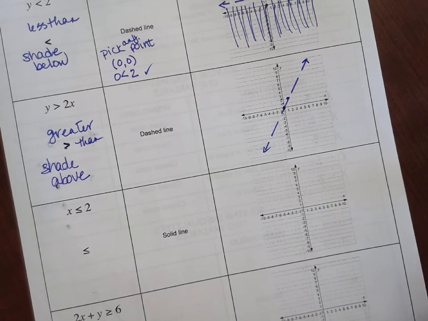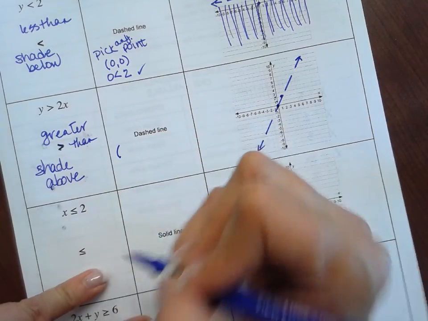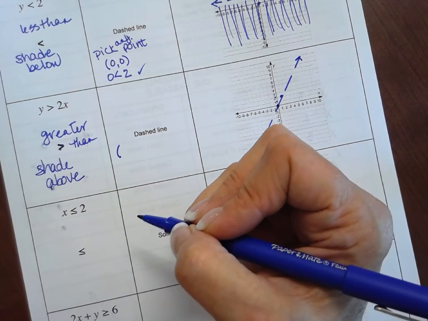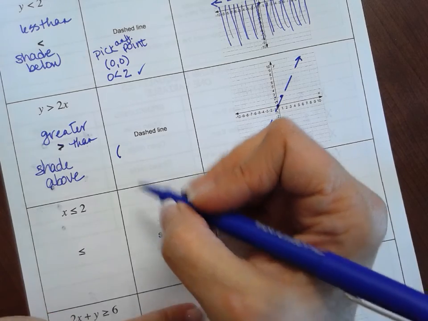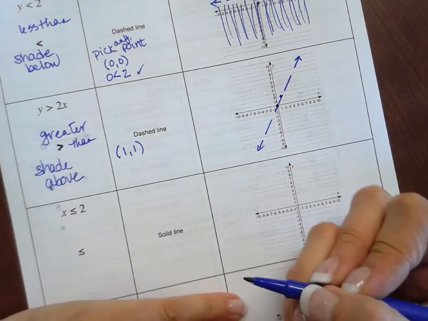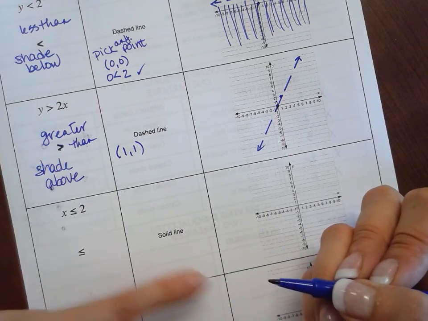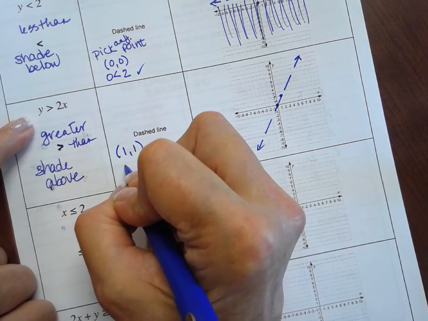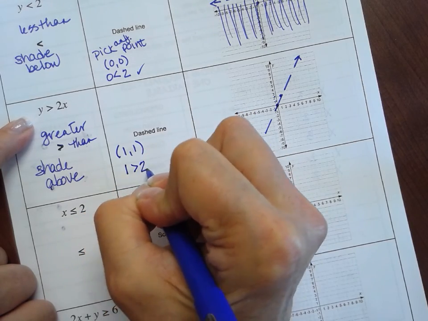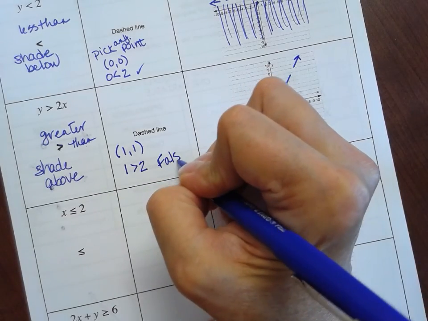Okay? But I can't remember that, so I'm going to pick a point. Give me an easy point. How about 1, 1? Is that easy enough? Okay. Let's put it into the equation. Is 1 greater than 2? No. So that's false.